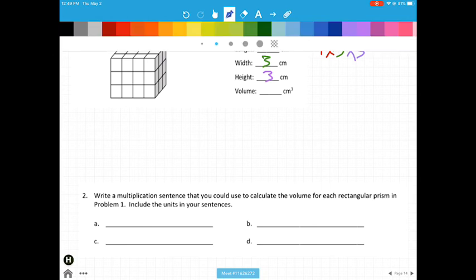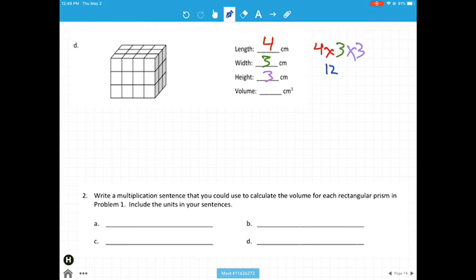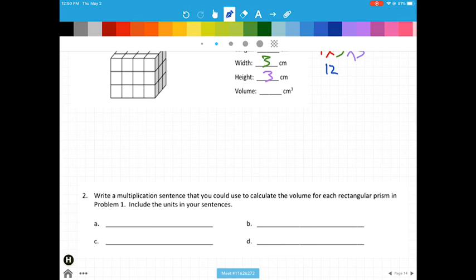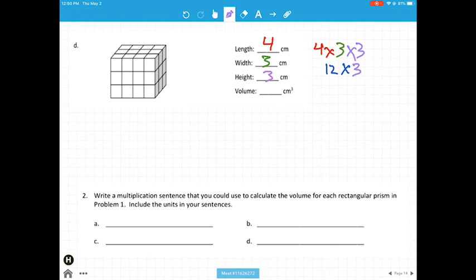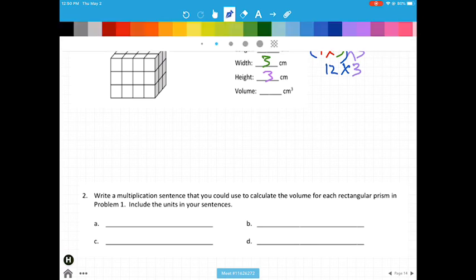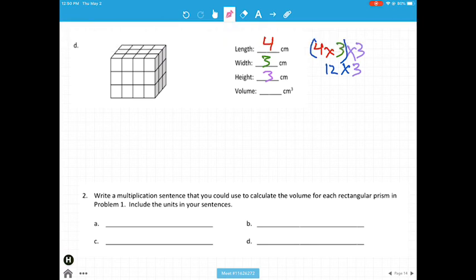We can group 2 of these together, so this is 12. I'm going to multiply it by the 3. I just want you to see that I group these together to get my 12. Then I multiply times 3, and that gives me 36 centimeters cubed.